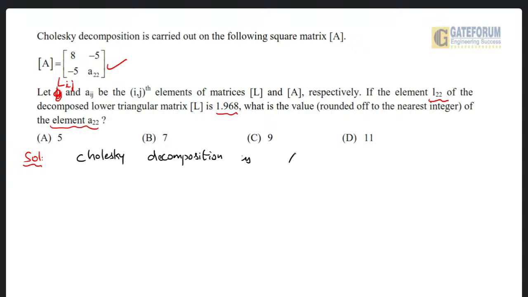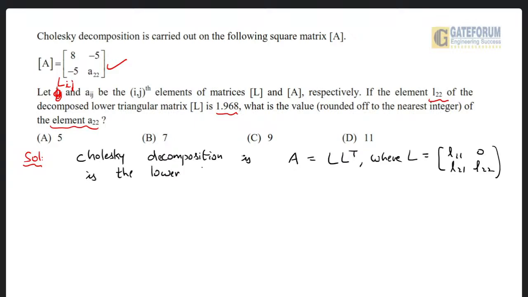The square matrix A can be written as the product of a lower triangular matrix and the transpose of the lower triangular matrix, where L is equal to the lower triangular matrix, meaning elements above the diagonal are 0: L11, 0, L21, L22. Okay, is the lower triangular matrix.